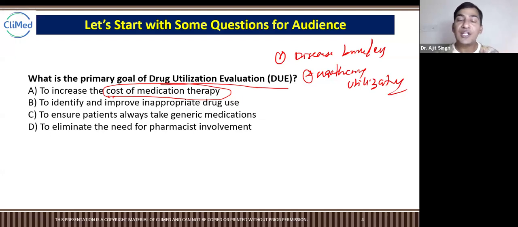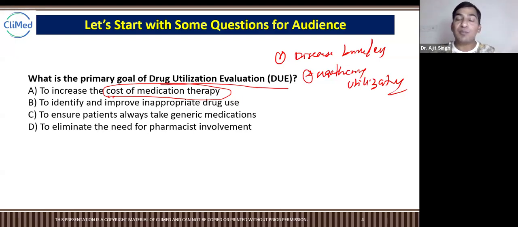But here, DUR or DUE can correlate with the disease burden or with the cost assessment, but it will not participate in costing. Understand? It will not participate in costing.